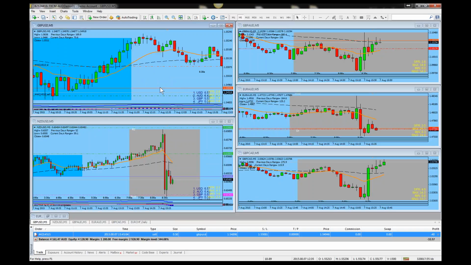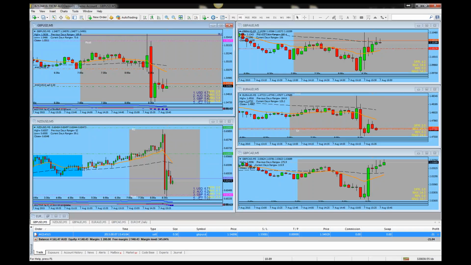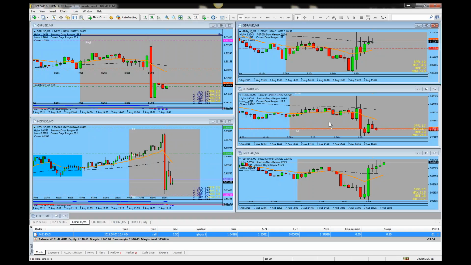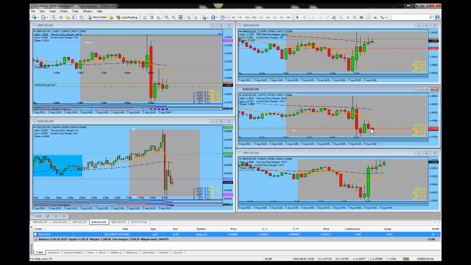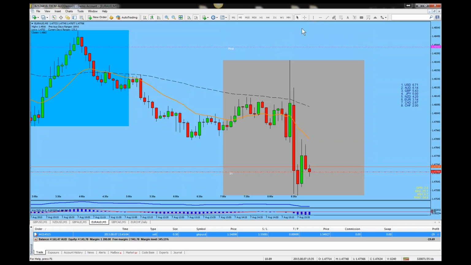All right. I need to give myself a day just to decompress a bit. Sometimes when you have things like that happen, you need to take a step back. This Euro Aussie is... this is pound dollar.